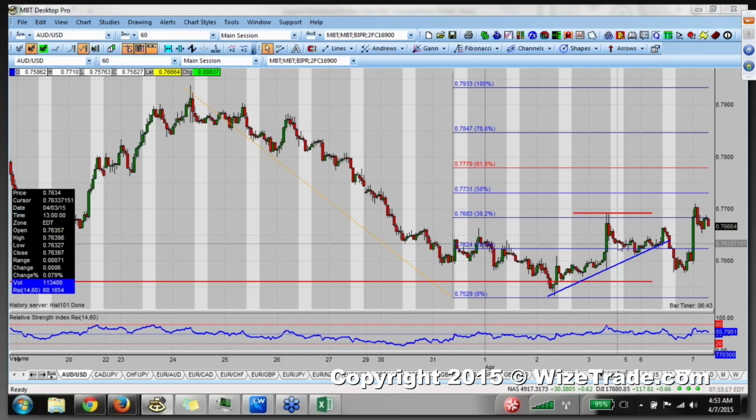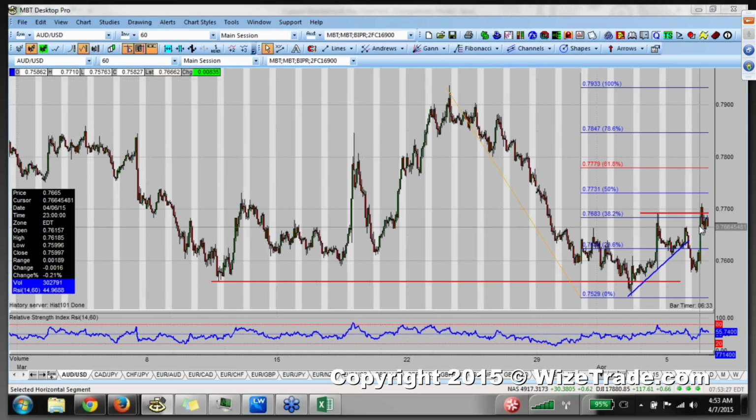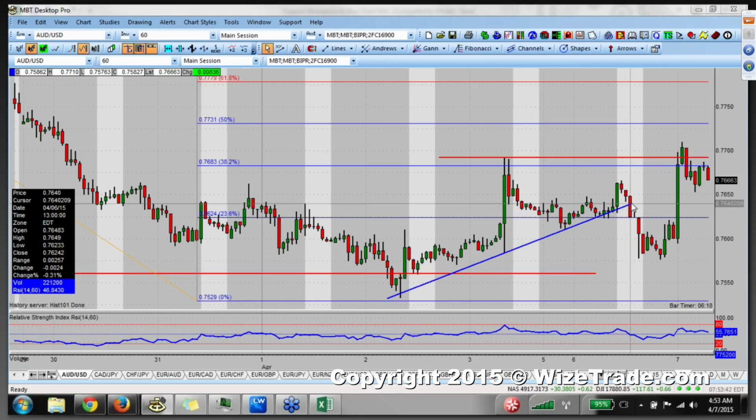Now, the interesting thing is the Aussie spiked higher through its 38% retracement, through its resistance, okay? But we're already starting to show signs of weakness. And I'll tell you guys, if we can't close above 77 cents, the Aussie's probably going to be somewhat of a disappointment like the euro dollar has been.